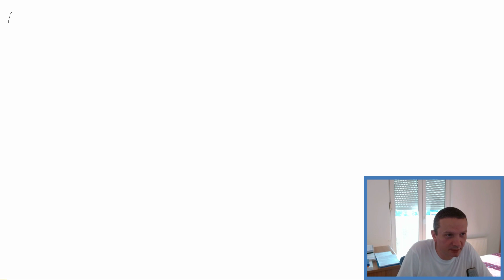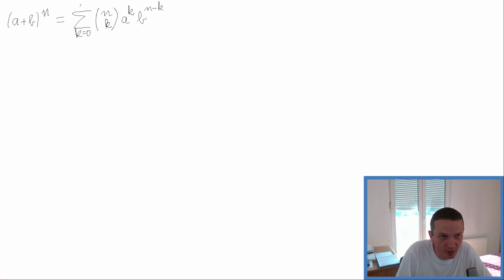If we have (a plus b) to the power n, then this is equal to the sum of terms of the form n over k, which is the binomial coefficient, times powers of a and b, like a to the power of k and b to the power of n minus k, where k is going from 0 to n.